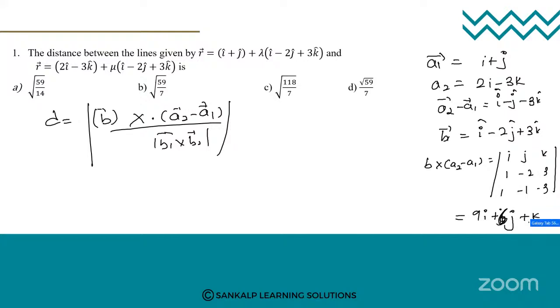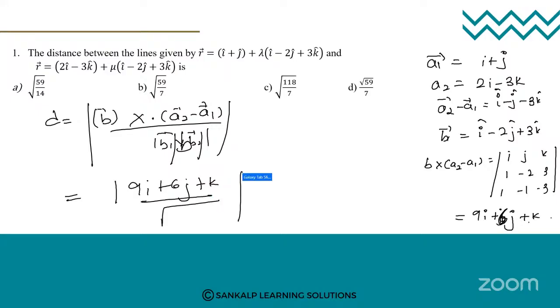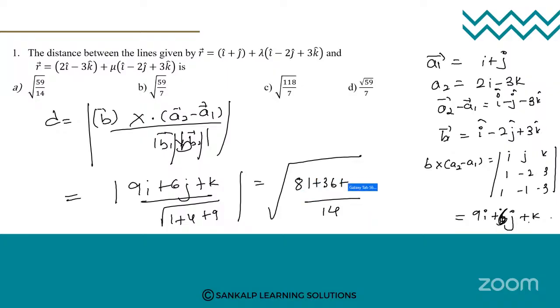So this is divided by the magnitude of B only. So what all we got here? 9I plus 6J plus K divided by the magnitude of B. B is 1, 4, 9, so this is basically 14. This is 81, 36 plus 1.